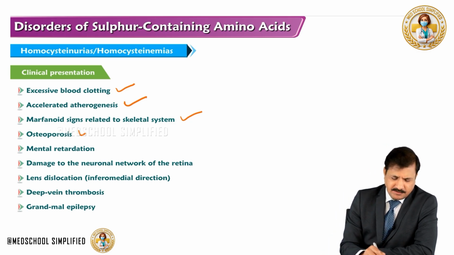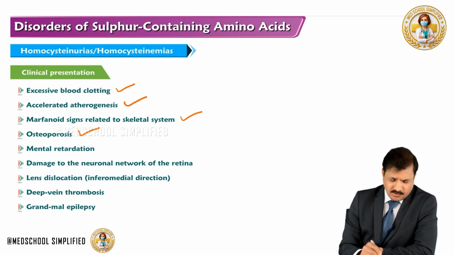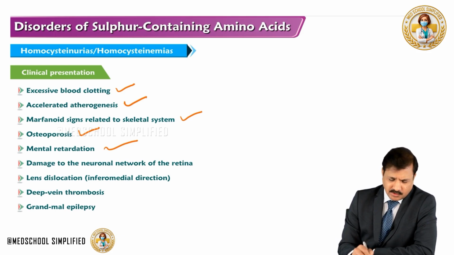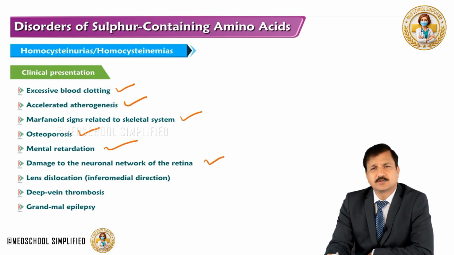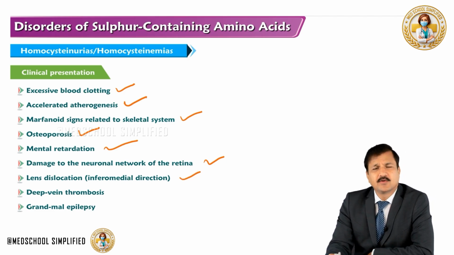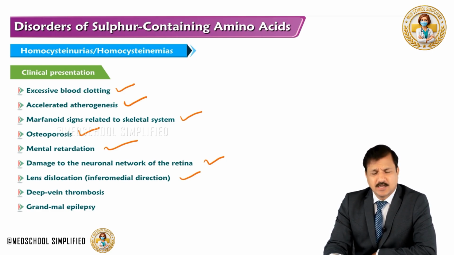Patients with homocystinemia will show osteoporosis. Patients with homocystinemia will show mental retardation. Damage to the neuronal network of the retina may lead to blindness. Lens dislocation is seen, which is in the inferomedial direction, or downward and medial direction.